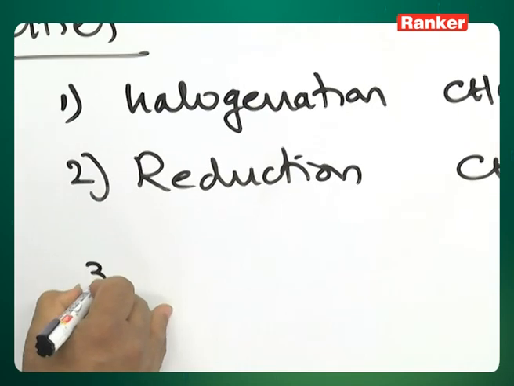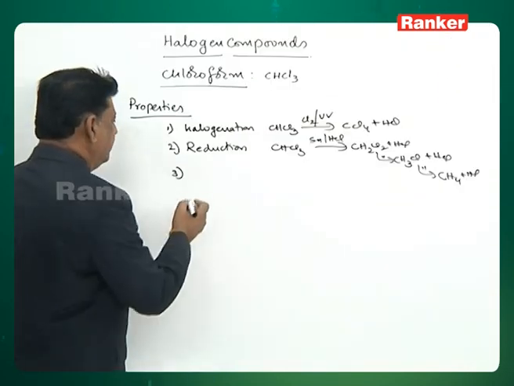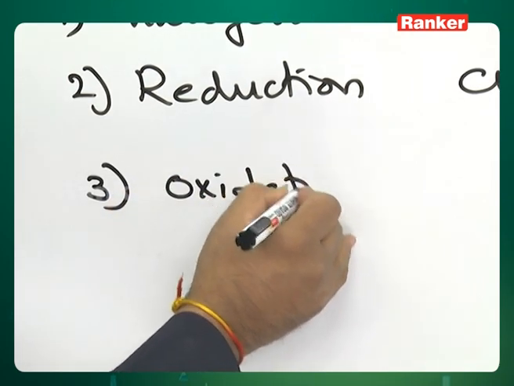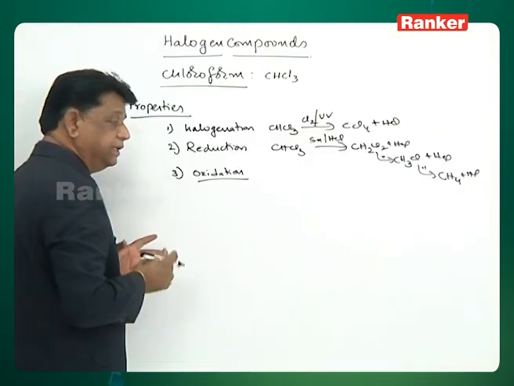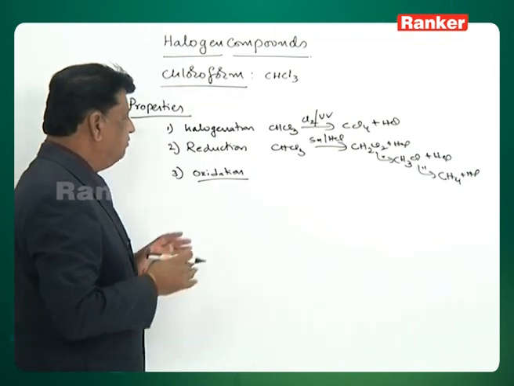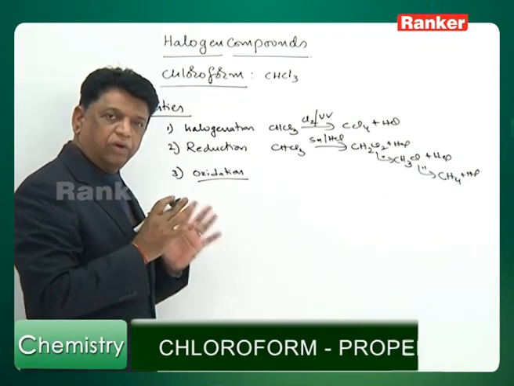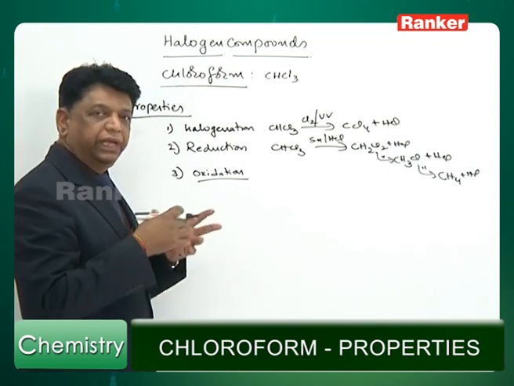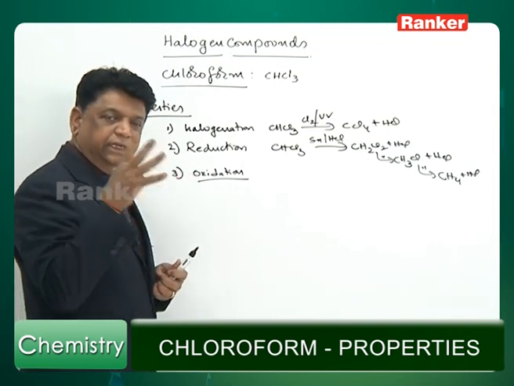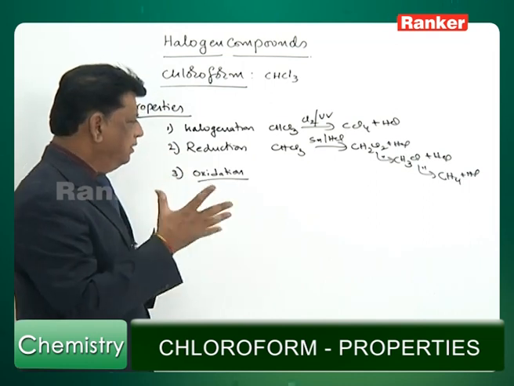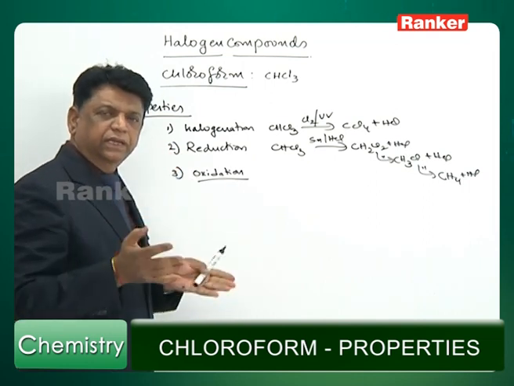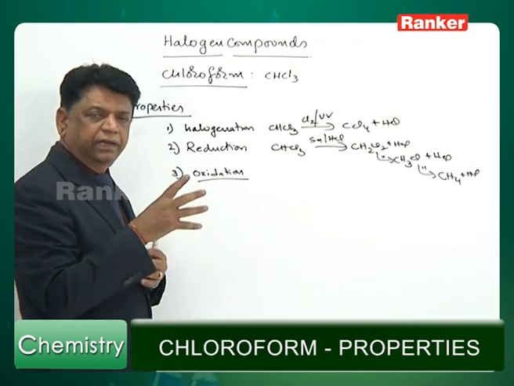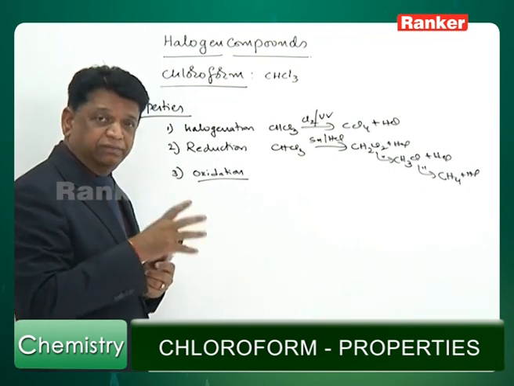However, we have some specific reactions, like one is oxidation. Chloroform is quite a stable compound. However, when a half-filled bottle of chloroform is kept aside, after a few days of constant exposure to the common light, naturally there is air inside. In that air, oxygen will be there.